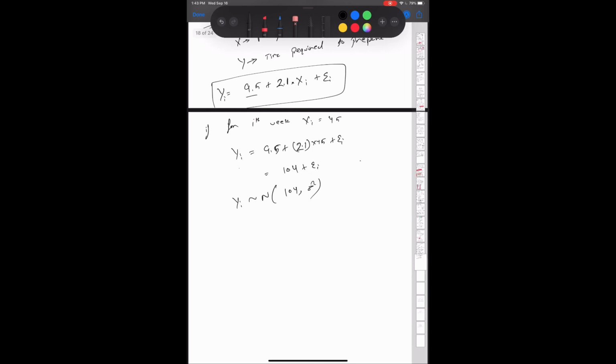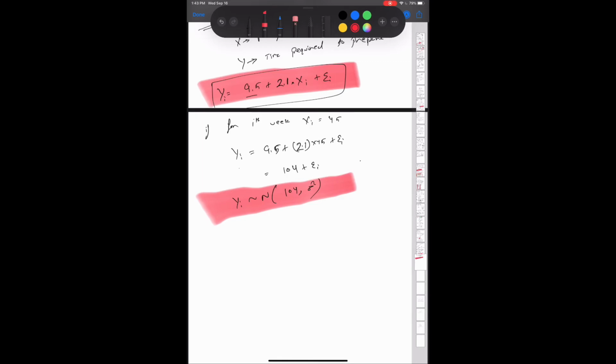So you'd say that if this is the model that's true for the relationship between the number of bids xi and the time required to prepare the bids, then by this relationship, if for some week there are 45 bids, the amount of time it will take you will be random depending on the week.